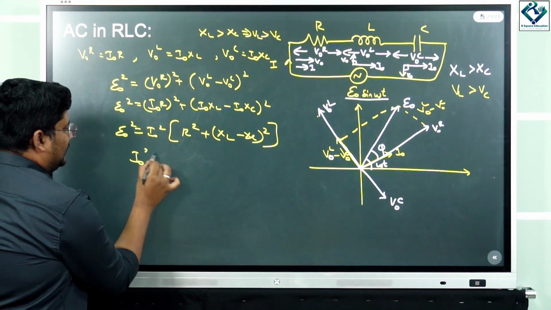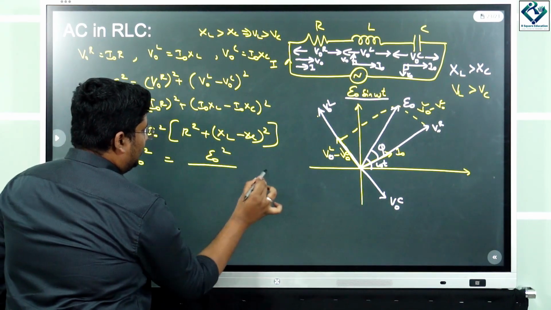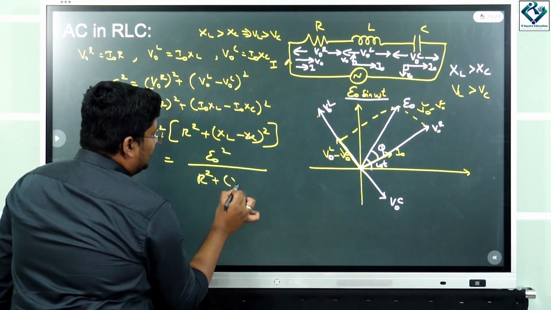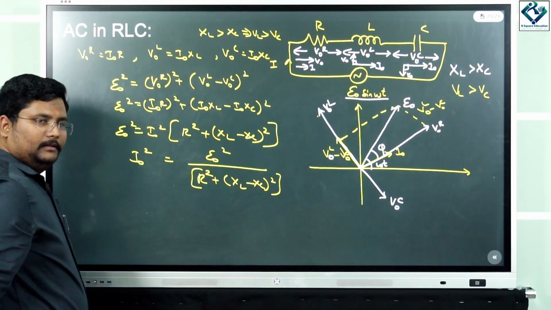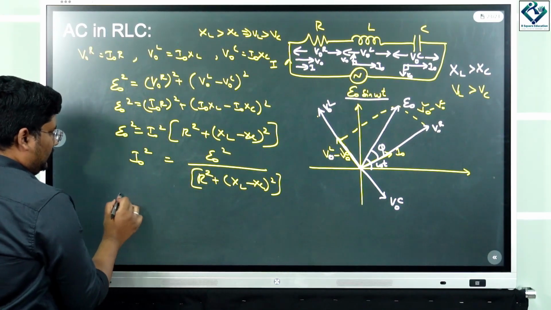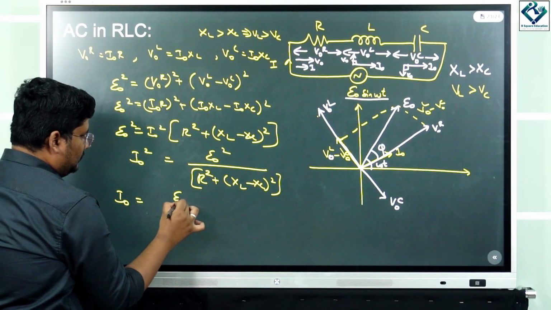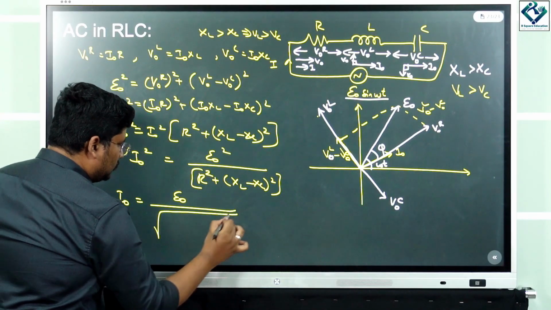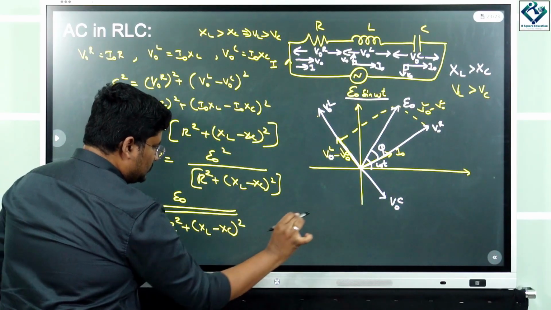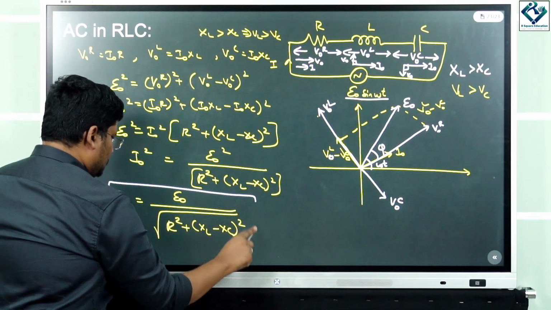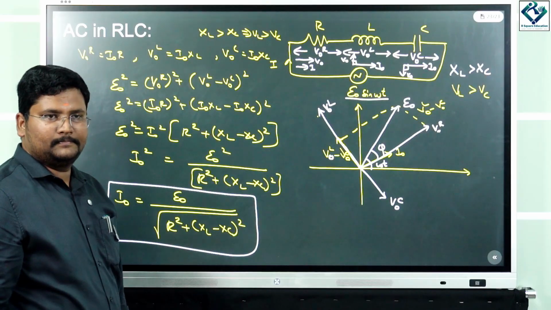So I0 square can be written as E0 square divided by R square plus XL minus XC the whole square. Yes, taking square roots, I0 will be equal to E0 divided by root of R square plus XL minus XC the whole square. This is going to be the current's magnitude.